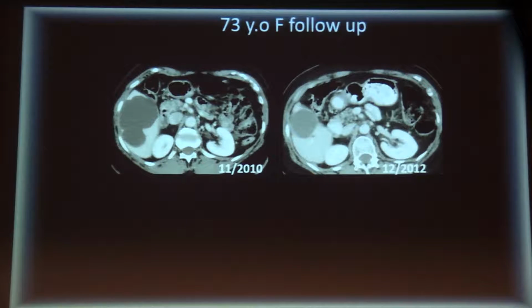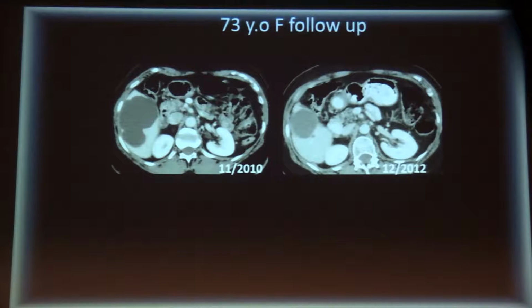She was asymptomatic, and this was considered a hemorrhagic cyst. Simple cysts can complicate. They can get inflamed, infected, and they can hemorrhage. Since she was asymptomatic, we decided not to do anything with this cyst. She was sent home and called for follow-up.